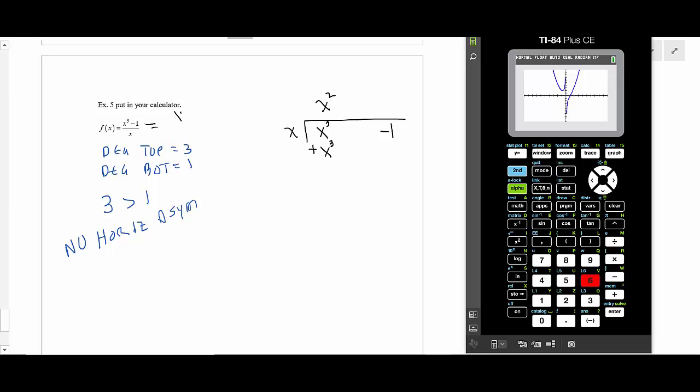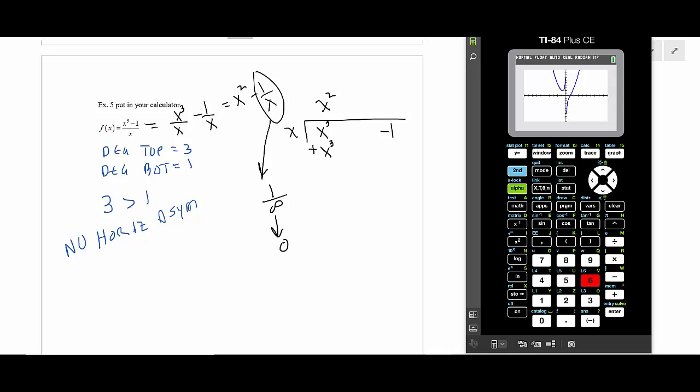If you just split this up into 2 parts, then you would have x squared minus 1 over x. So this piece right here, as x goes to infinity, goes to 0. So this thing just goes to x squared. If you were to graph x squared, that would be an asymptote. It would be a parabola. Does that make any sense?